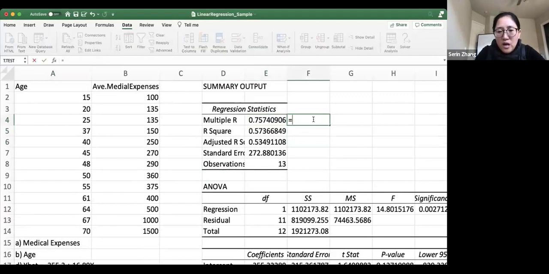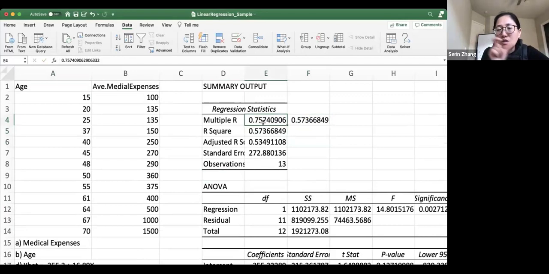If you square this value, see, this is the same, right? So Pearson's R, the correlation coefficient squared, is the R square.